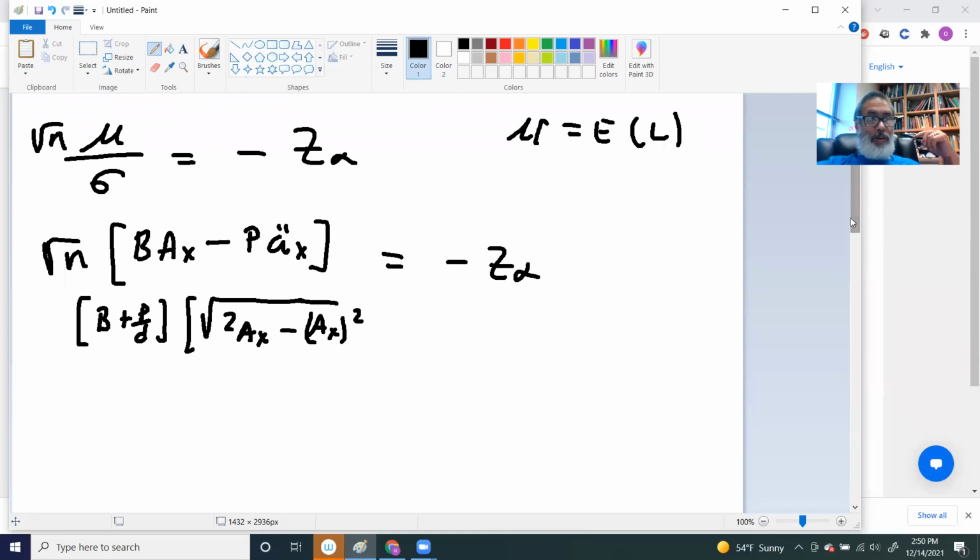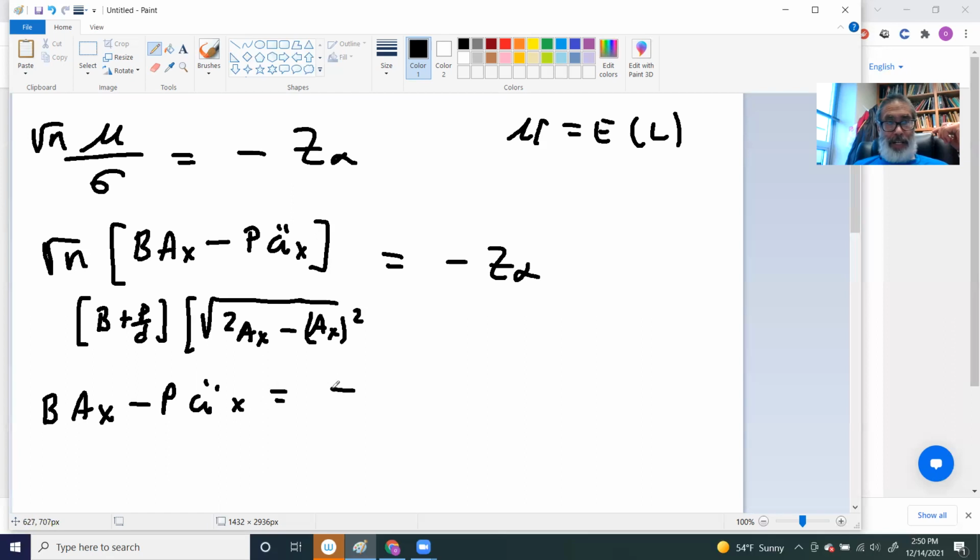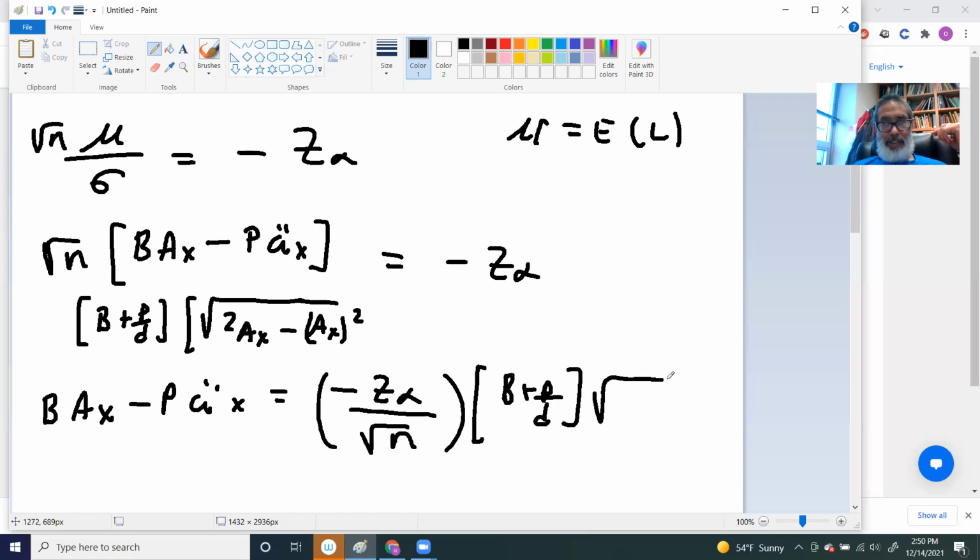Then if you just move all this to the other side, we get v ax minus p. Now I want to write this way. I want to leave this as a factor. Now we're dividing by the square root of n. And then we have the standard deviation.